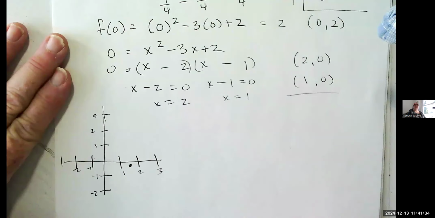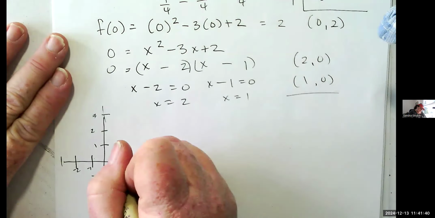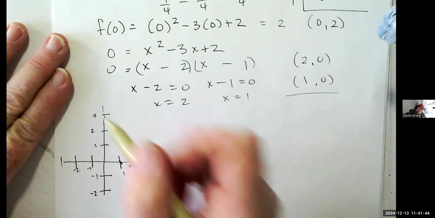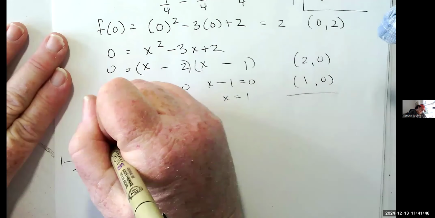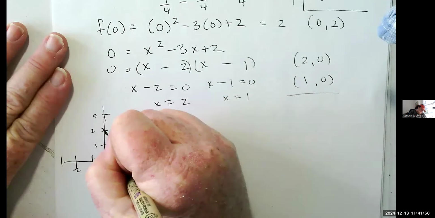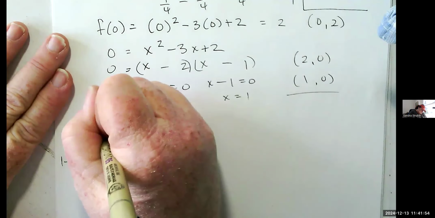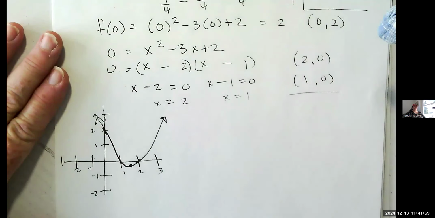There's the vertex. And then it goes through 2 and 1. So it goes through here and here. And then it has a 0, 2. So it goes through here. So that kind of helps me. Got my zeros, my vertex, my zeros, and it goes up. So this will help you decide the next two pieces.